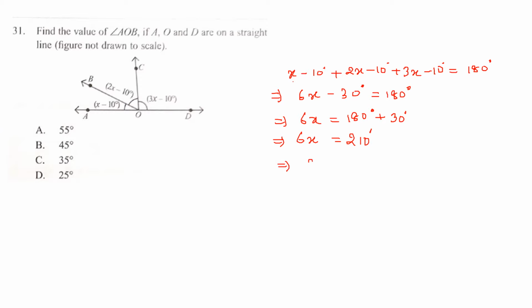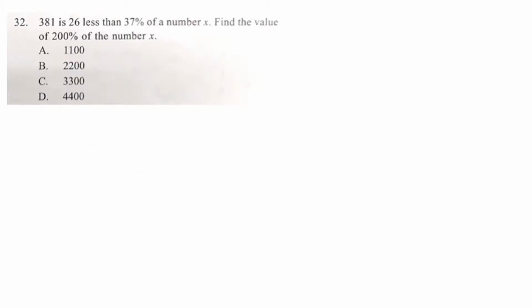So the value of x will be 210 degrees divided by 6, and you will get it here as 35 degrees. But what you have to find is the measure of angle AOB, which is x minus 10 degrees. So 35 degrees minus 10 degrees will give you 25 degrees. So the option is option D.